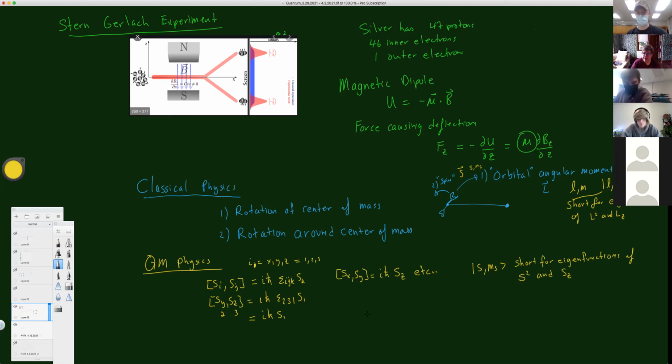And so when I write down the eigenvalue equations, I can write them in terms of this ket. So S squared acting on the ket |s m_s> is ħ squared s(s+1) |s m_s>. Sorry, typo.